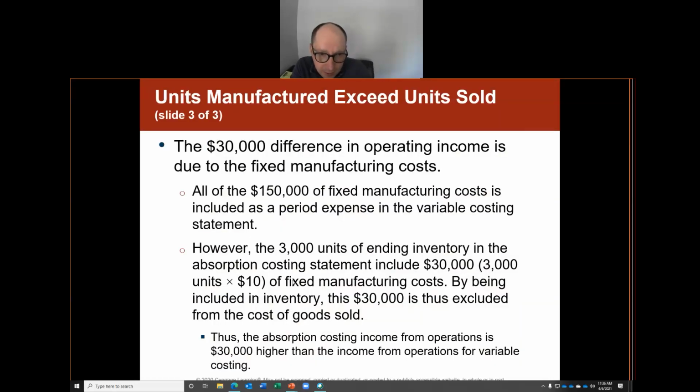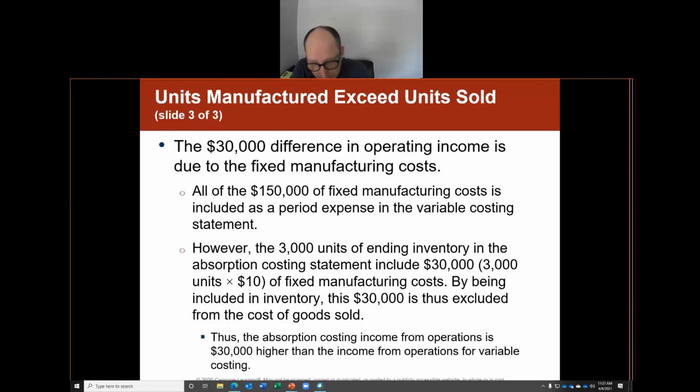So what does the difference mean? Well, it means that because of the difference between the two models, in one model we separate out the variable cost from the fixed cost, and in the other model, we have them together, we have a lower operating income using the variable model because we recognize that management can control the variable expense, the variable cost.